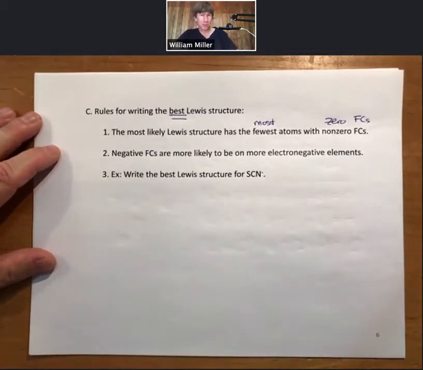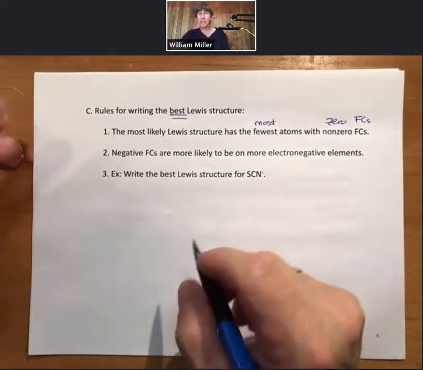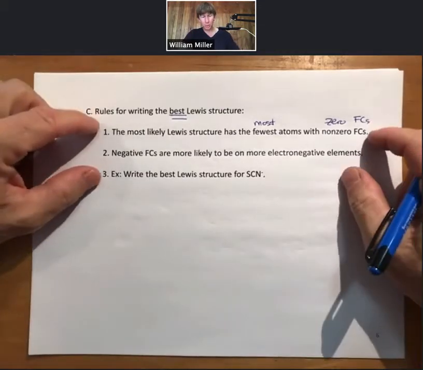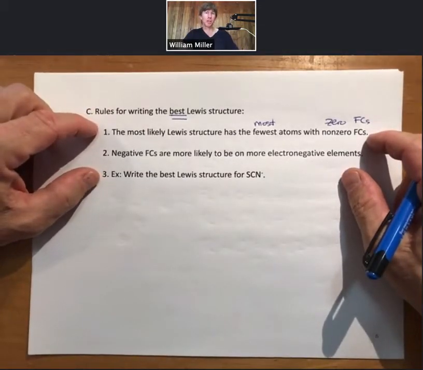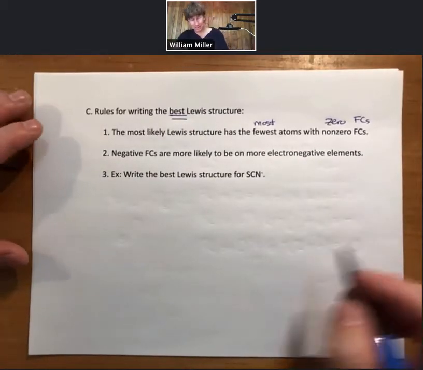Now let's write the best Lewis structure for thiocyanate ion. Our process will always be this. Write the Lewis structure with octets, do a formal charge analysis, and then do what we need to do to minimize formal charge over and over again. Rinse and repeat, as they say.